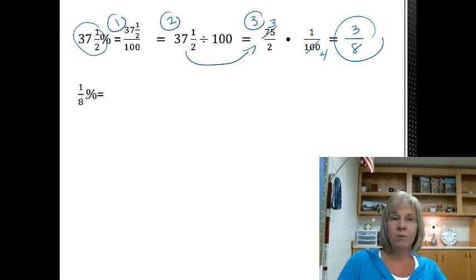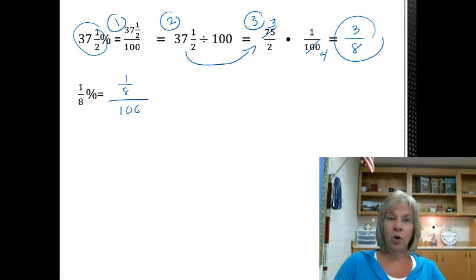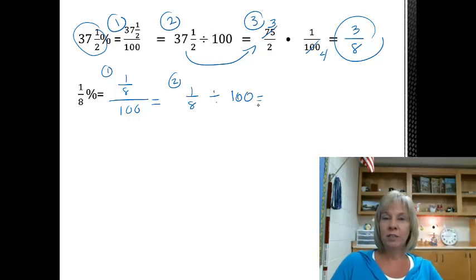Now let's see if we can write out the steps for 1/8%. All right, let's think through it carefully. Since 1/8% means 1/8 over 100. Remember, you can have a fraction in a fraction. So that's step one. Step two, we're going to divide 1/8 divided by 100.